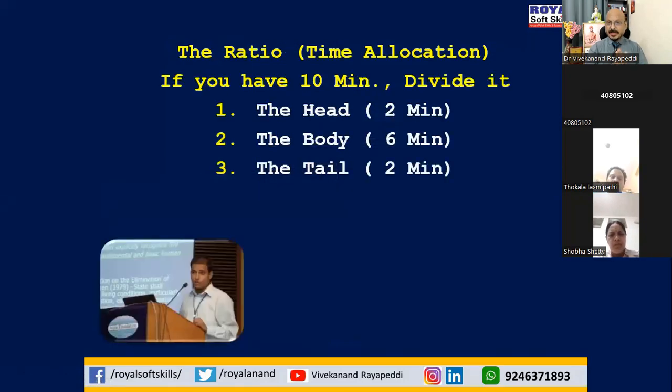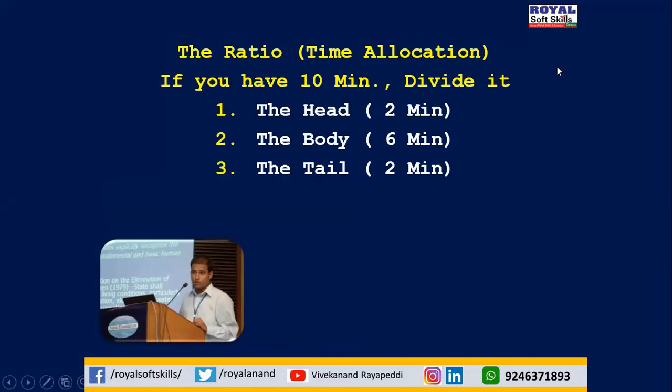Now, the time allocation. You can design your presentation in this way. First of all, you should have a clear idea how much time is given to you. Is it 10 minutes or 15 minutes or half an hour, 45 minutes or 1 hour or 2 hours?